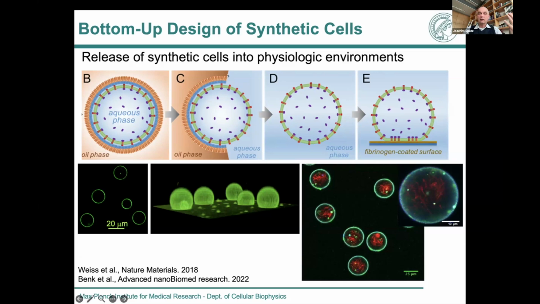It's destabilizing it, and then the surface tension pulls the finished droplet out into the aqueous phase, and then you can make, for instance, adhesion against fibrinogen. And that's what you see here. You see these droplets making a very nice adhesion, reproducible, very stable, and you can even then add cytoskeleton or other protein functions step by step, and see eventually how the cell can work.